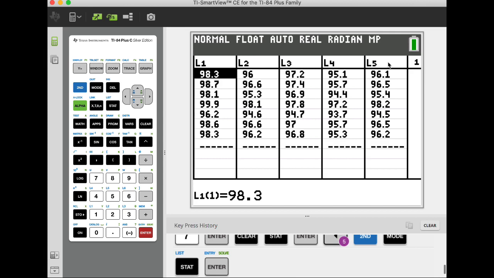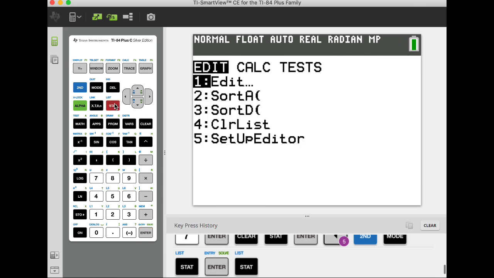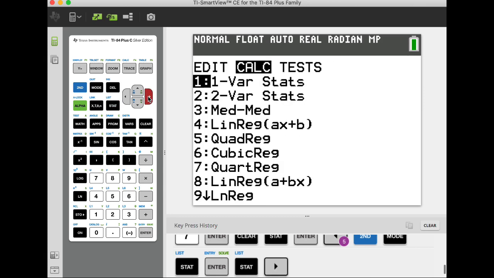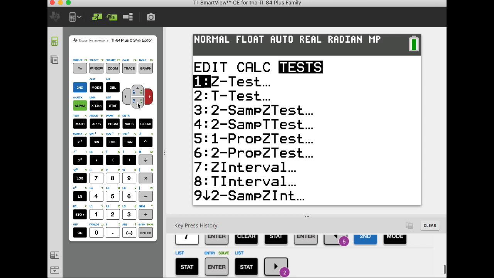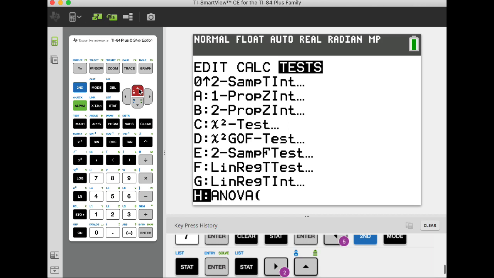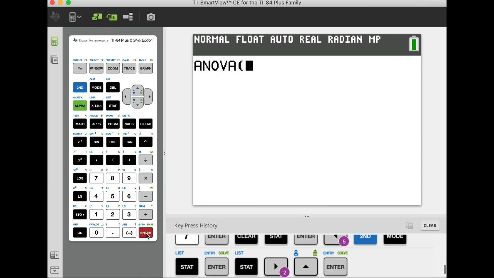So now that I have all of that entered, I'm going to press Stat again. Go over to Tests. And you want to go all the way to the bottom, which you could use the down arrow for that, but you could also use the up arrow. And you can see that ANOVA is the last test all the way at the bottom. So I'm going to click on Enter for ANOVA. And then here you have a parenthesis.